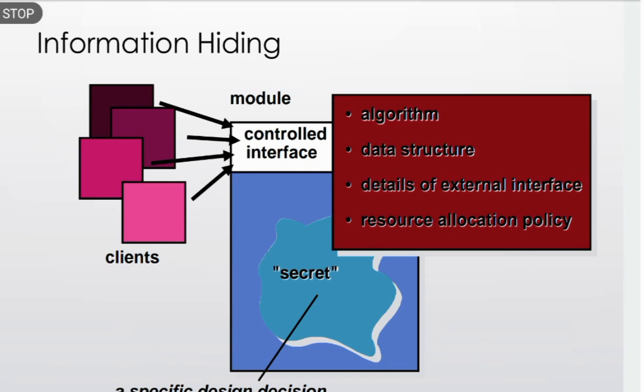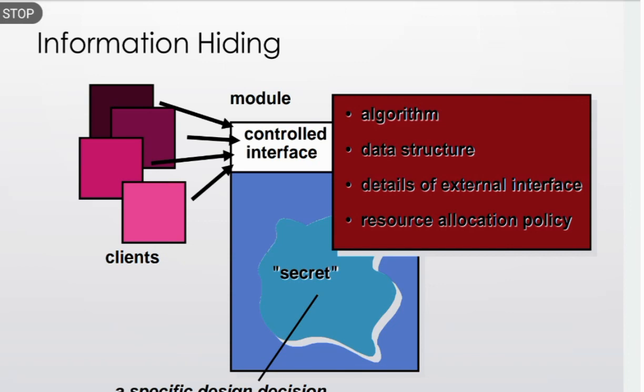Modules should be specified and designed so that information, that is algorithm and data contained within the module, is inaccessible to other modules that have no need for such information. That is, you only provide access to your authorized team members.